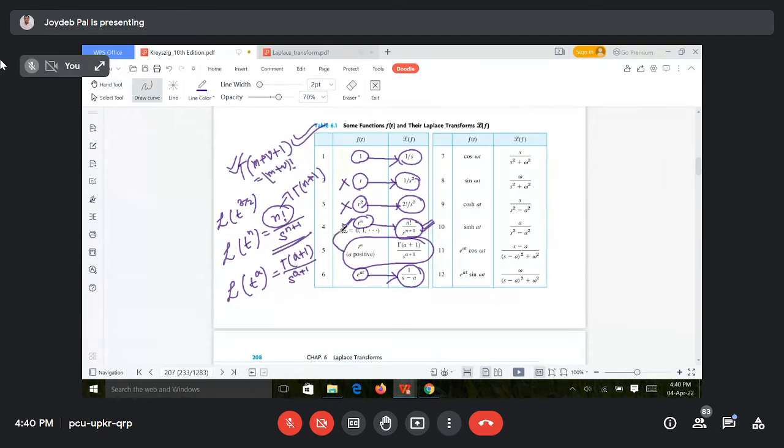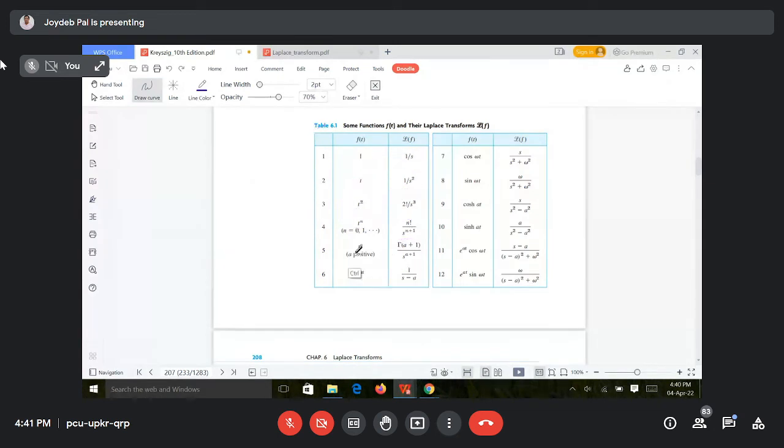From this formula you will get all of these. So just remember this formula: t to the power a, that is gamma a plus 1 divided by s to the power a plus 1.